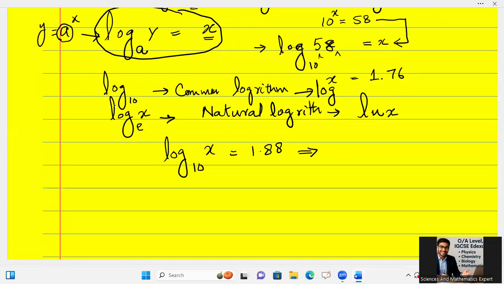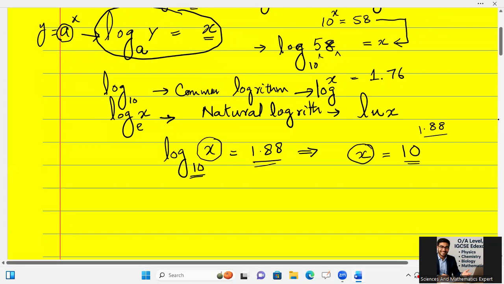What will you do? First of all, 10 is the base, so 10 power 1.88 will equal x. I have just written the exponential format of this question, in which x comes on the other side. This is the base, and I have made this one the power. You can calculate 10 power 1.88 easily. Just check on your calculator what the value is.